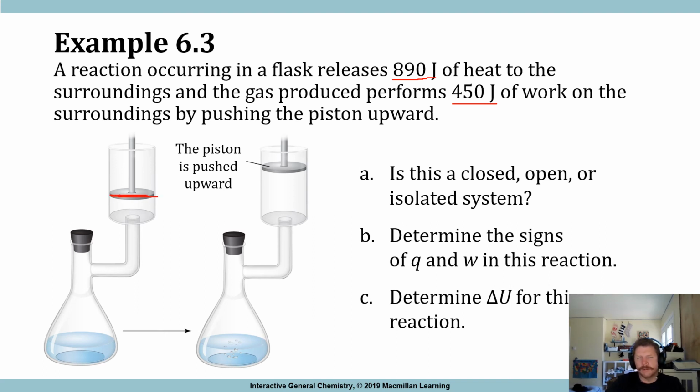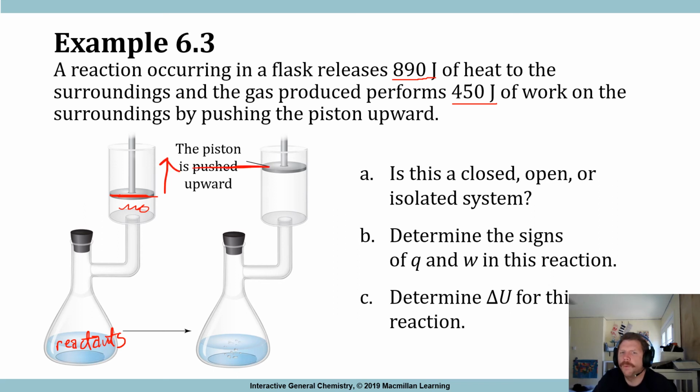If you're thinking about vehicles, this is a good visual for an internal combustion engine. So we've got these reactants here, and they're going to release heat, and then we're going to see this gas emerge here, and it's going to cause this piston to go from this position to this position right here.